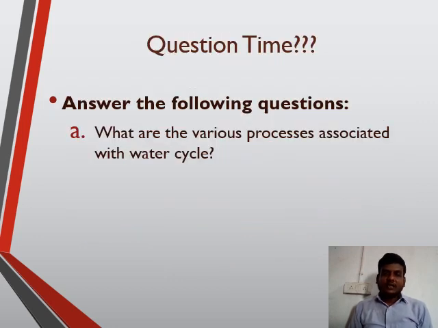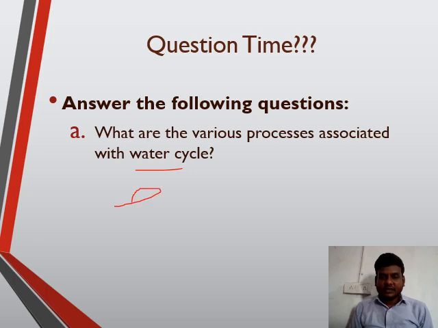Answer the following question. What are the various processes associated with the water cycle? Write your answer in the chat box. There are four types of processes in the water cycle.